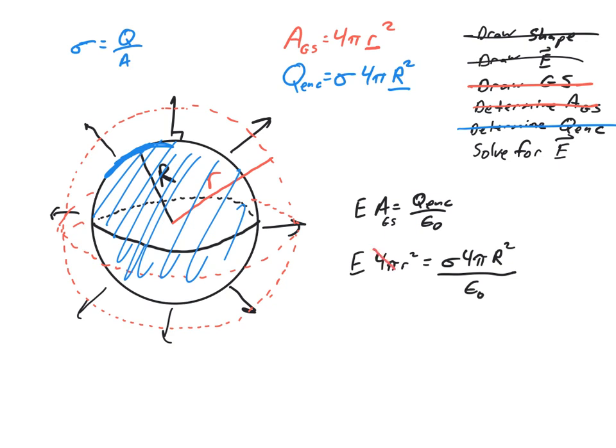Got some redundancies here. Therefore, the electric field is equal to sigma capital R squared over epsilon naught little r squared, vector.